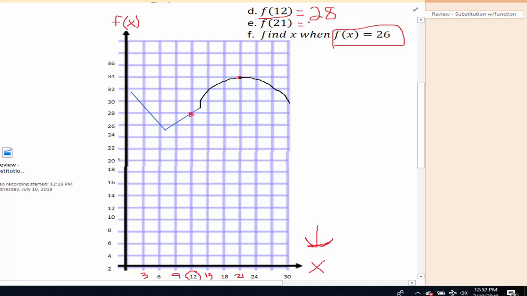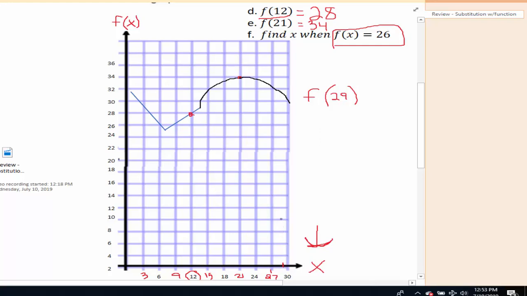I'm going to do another one before I go to letter F. I want to do one where I actually have to estimate a little bit. So let's do f of 29. So I'm counting by threes, so this one right here that's not labeled is 27. And I know that 29 is between 27 and 30. It's closer to 30. So I'm going to say it's about here. So I have to estimate.